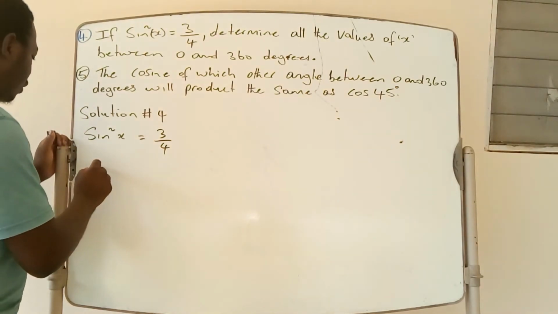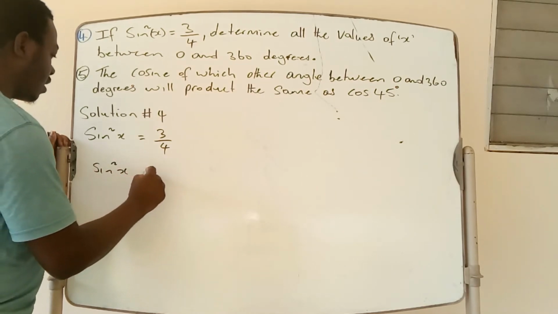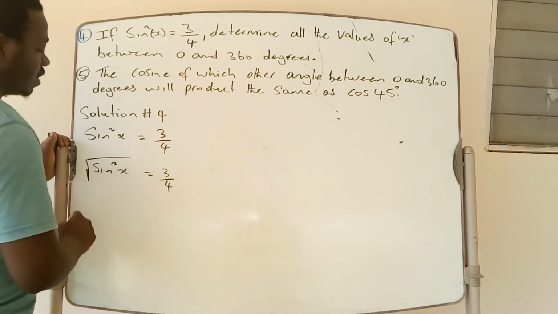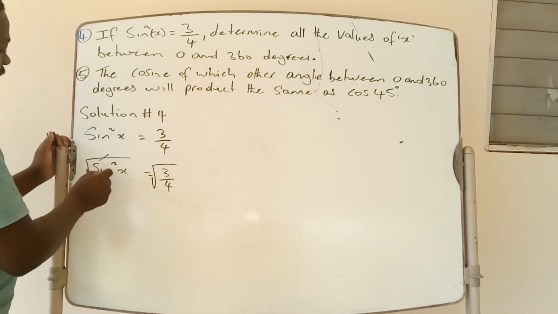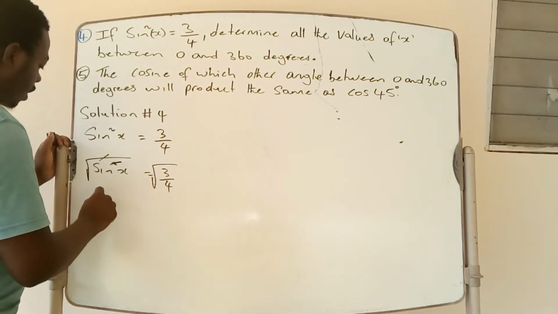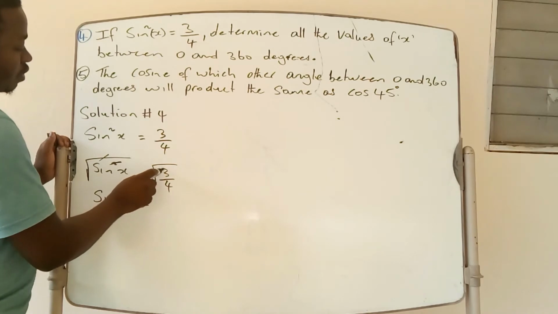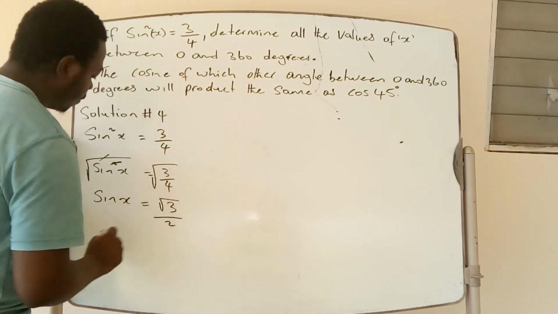I'm going to take the square root of this side, and I'm going to take the square root of this side. So the square root sign cancels out this 2 here. So we're left with sine of x is equal to the square root of 3 over 4, and that is just root 3 over 2.